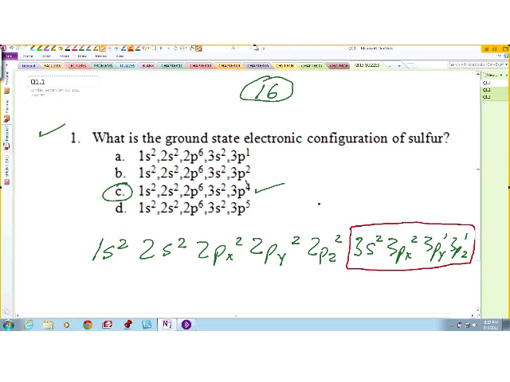So how many valence electrons does sulfur have? 6, exactly.